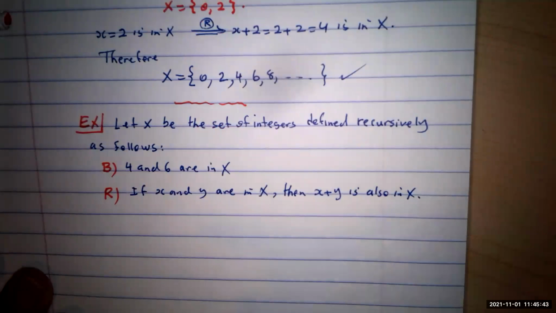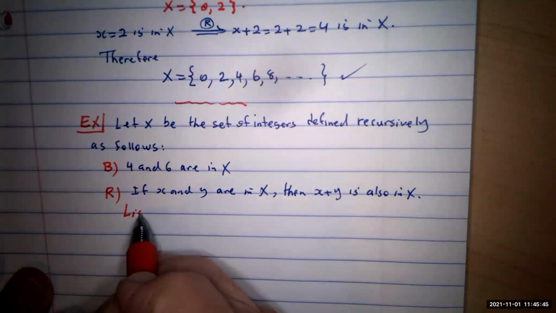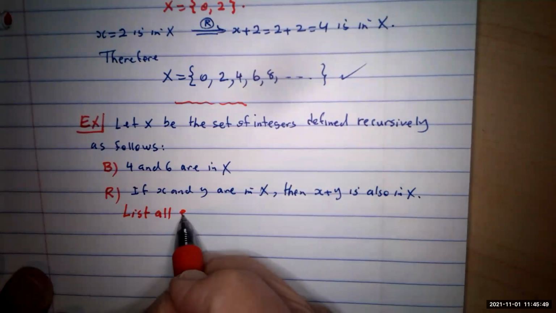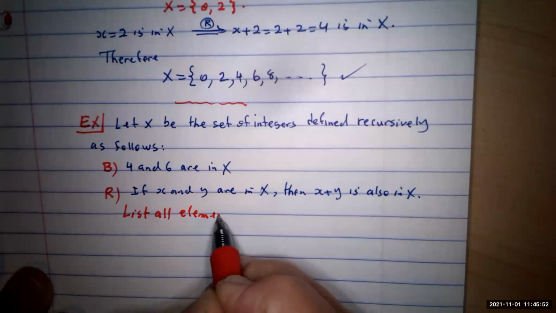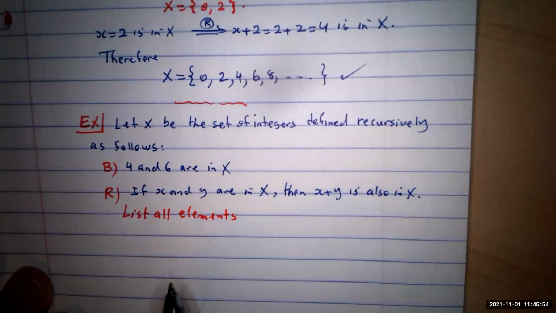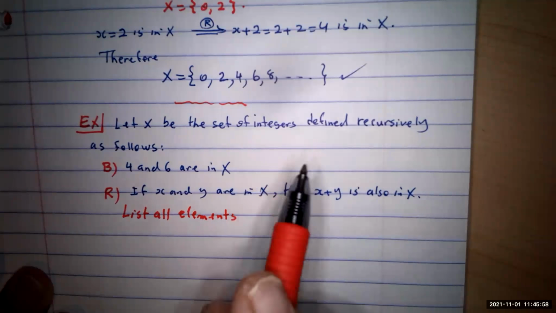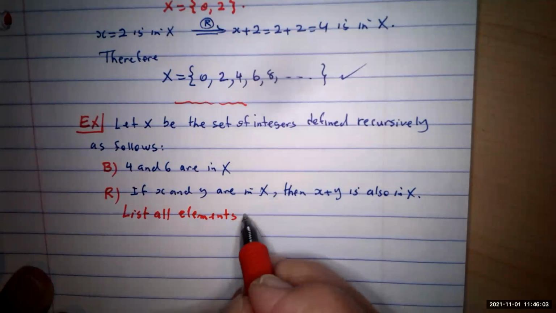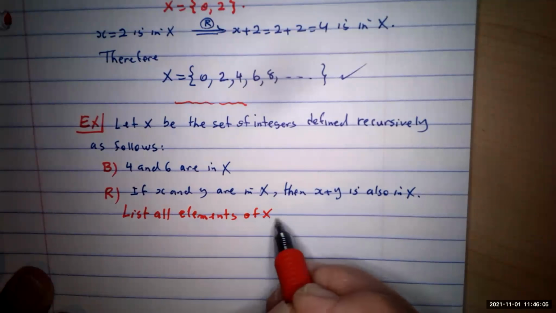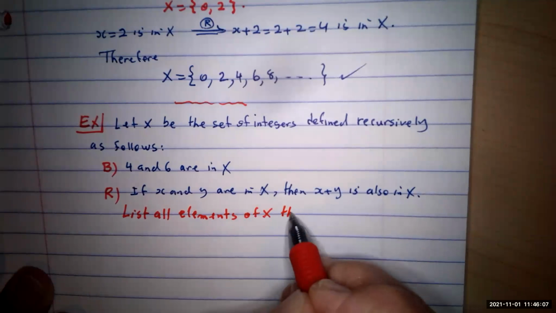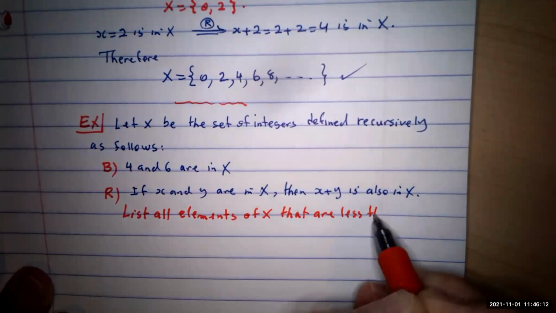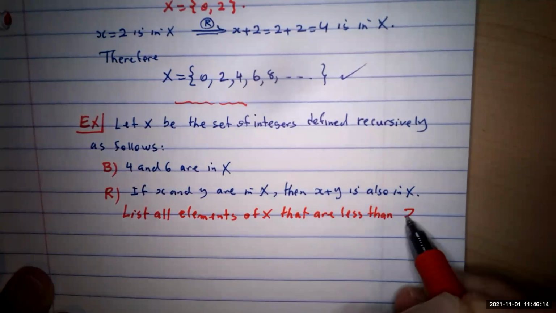So they ask you to list all elements in X that are less than 20.